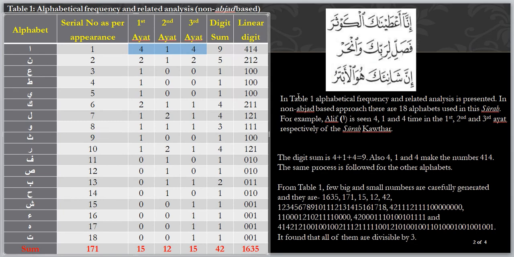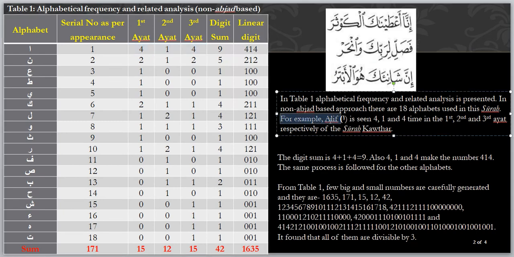For example, we see that Alif is seen 4, 1, and 4 times in the first, second and third ayat respectively of Surah Al-Kawthar. If we concentrate on the first ayat, Inna a'tainaka al-kawthar, Alif is number 1, number 2, number 3, and here is number 4.